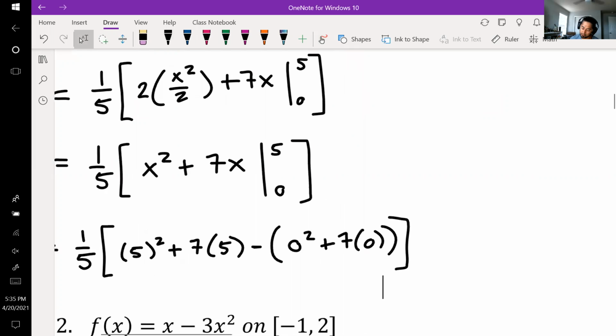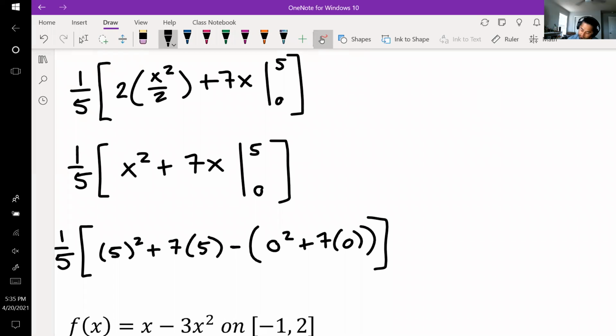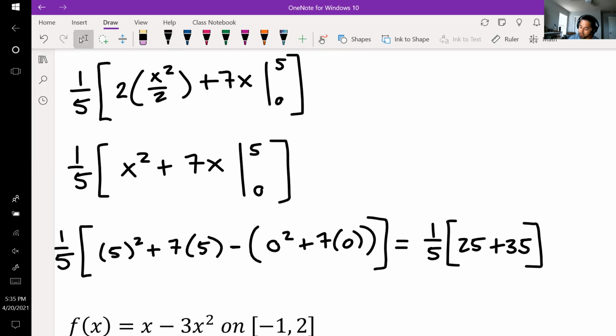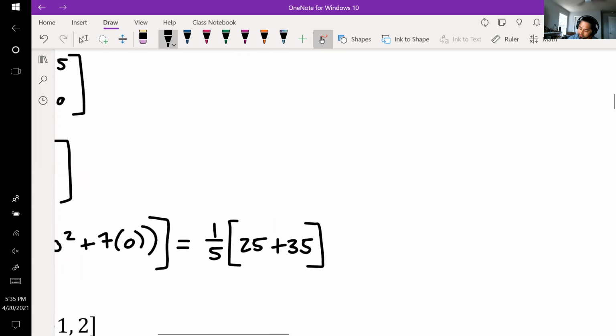Well, that 1/5 stays there, and you're going to get 5 squared, which is 25, plus 7 times 5, which is 35. And guess what? All of that just becomes 0. So you get 1/5 times 25 plus 35, and that'll give you 1/5 times 60, which happens to be 12.